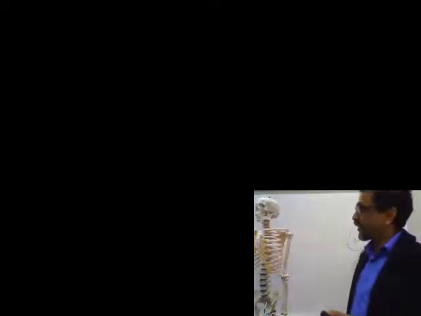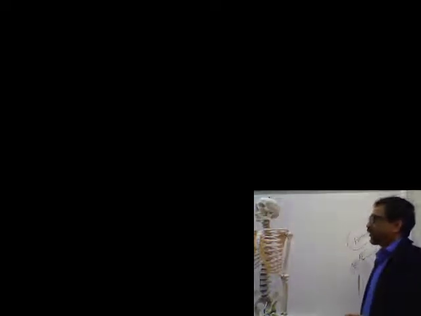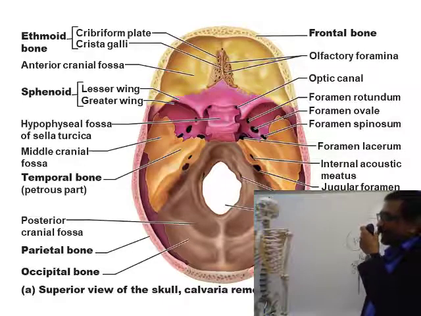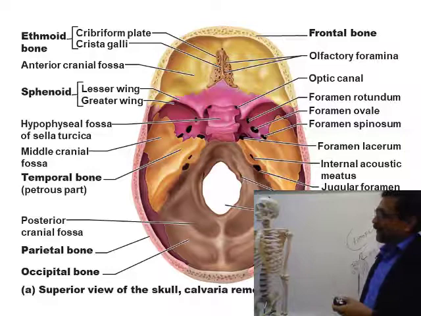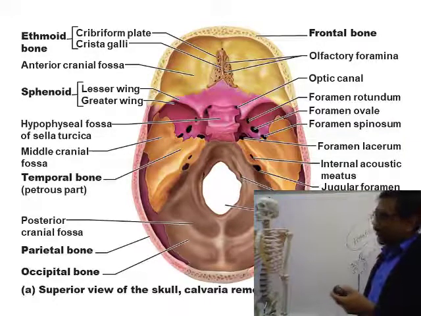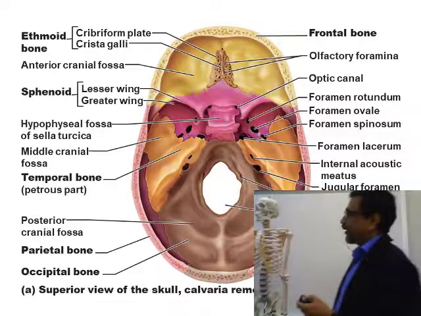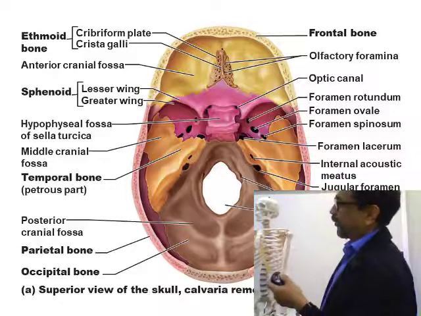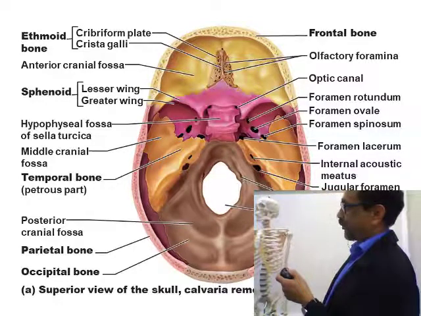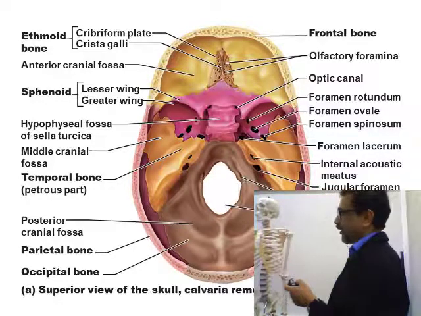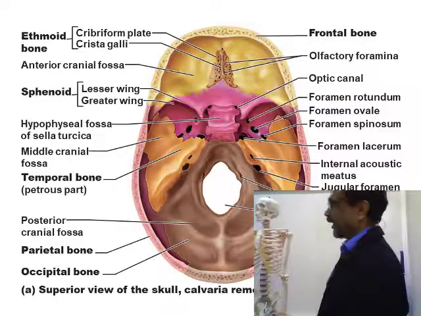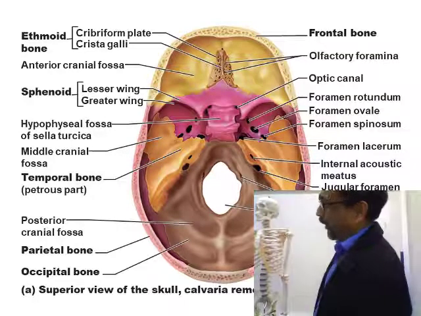Now this is the floor of the skull or cranial cavity. Now you can see the sphenoid here, the location or position of the sphenoid in the skull, forming part of the floor of the cranial cavity.